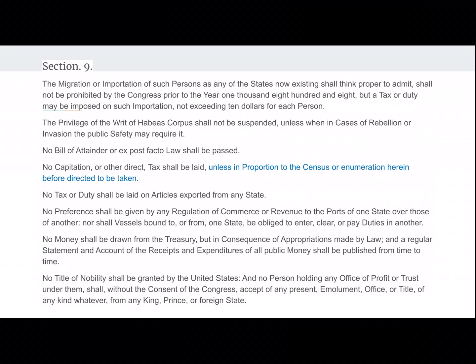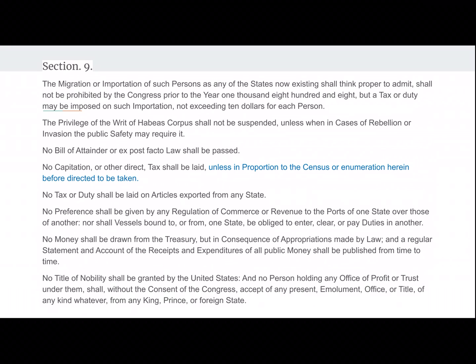No capitation or direct tax shall be laid, unless in proportion to the census or enumeration herein before directed to be taken. No tax or duty shall be laid on articles exported from any state. No preference shall be given by any regulation of commerce or revenue to the ports of one state over another, nor shall vessels bound to or from one state be obliged to enter, clear, or pay duties in another.